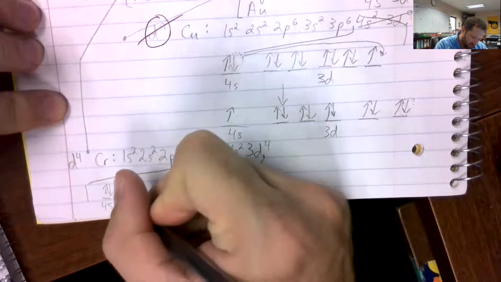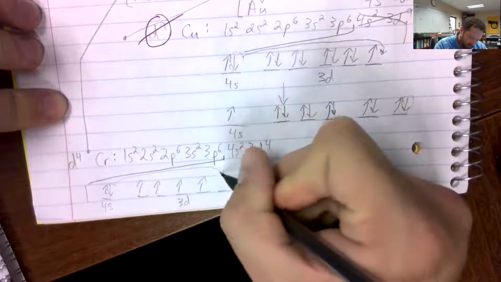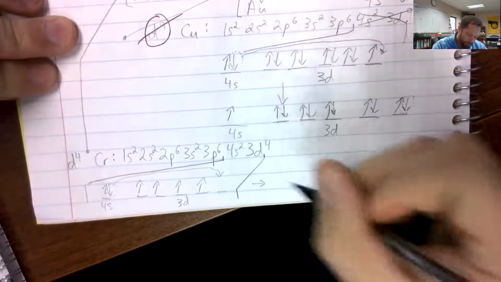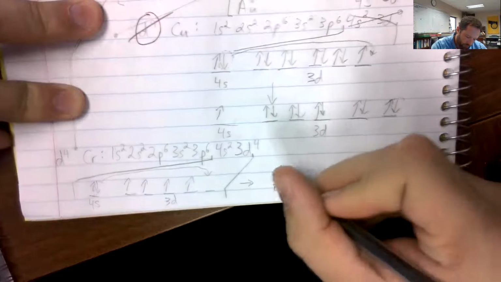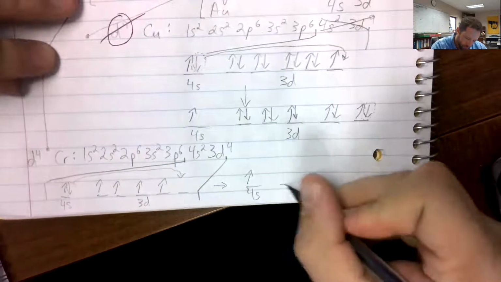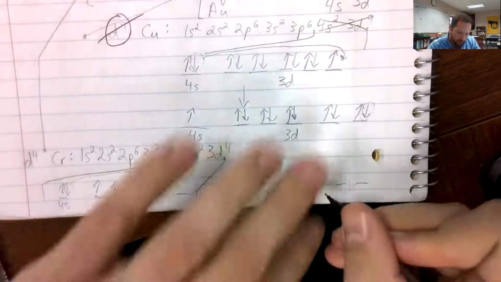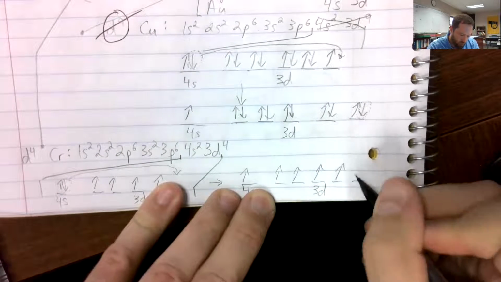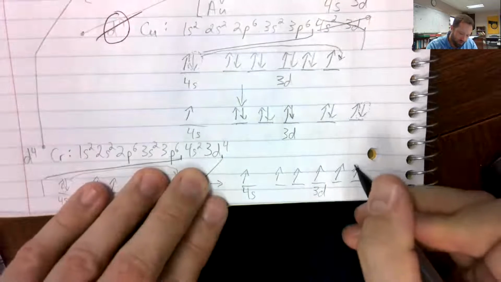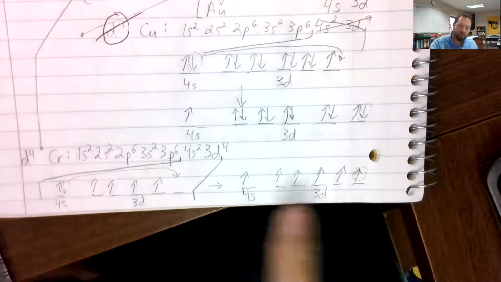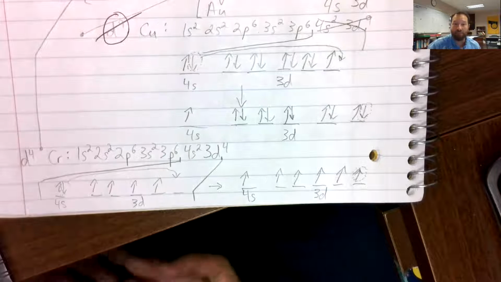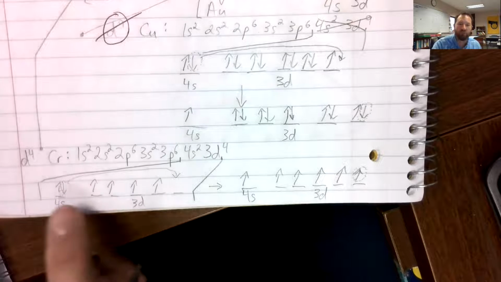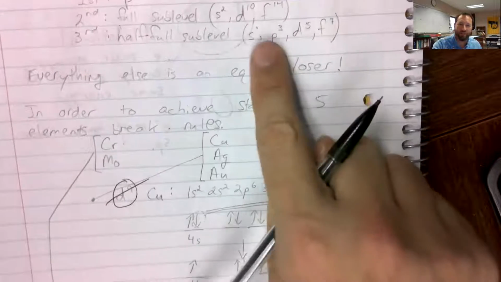So once again, we're going to take this electron right here out of 4s and put it there. And just like we had up above, we're going to have one electron in the 4s. And although it means we brought an electron to a higher energy level, which breaks the Aufbau principle, we now have 3d5, and that's a much more stable configuration. With an s1, d5, that's a winner.